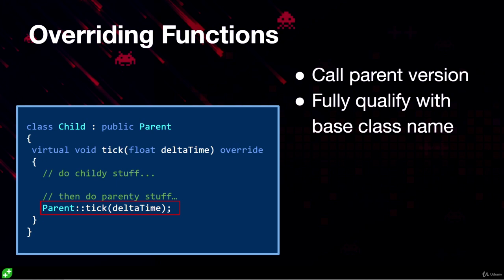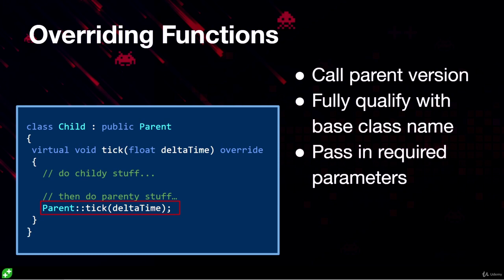Now, if the function requires input parameters, you have to pass those in. You can never call a function that requires input parameters without passing those parameters in. But the cool thing is, you're calling this function from within a function that has input parameters, so you can take the value of that input parameter, in this case delta time, and pass it into the parent version of the tick function, satisfying that requirement.